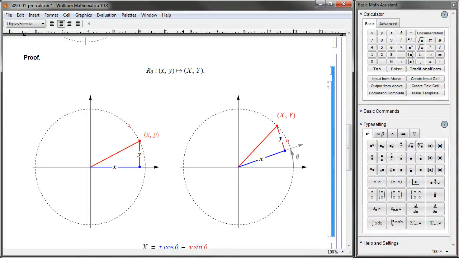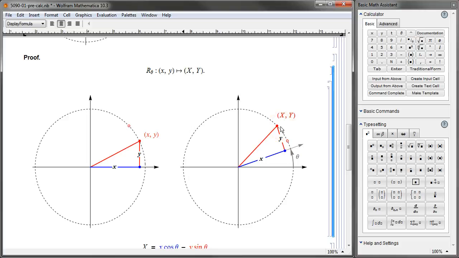We begin with this triangle here in the left hand side picture and take a rotation by the angle theta and end up with this triangle in the right hand side. Please note that this red point, small x comma y, is going to be moved over to this point, which is capital X comma Y.